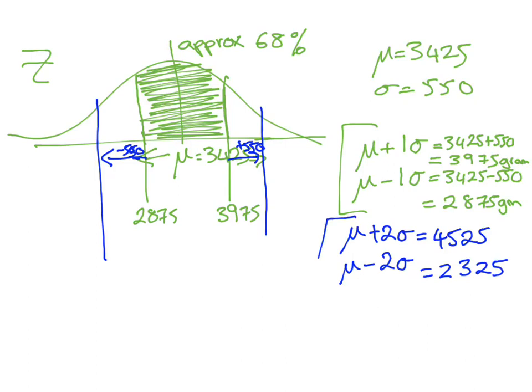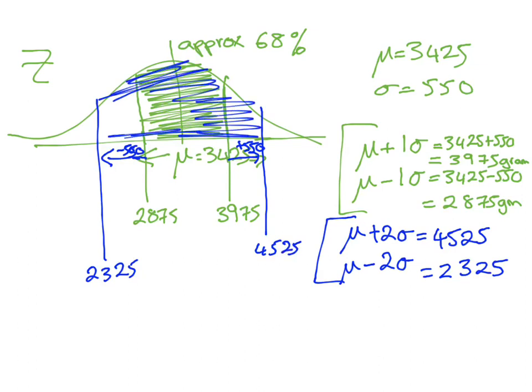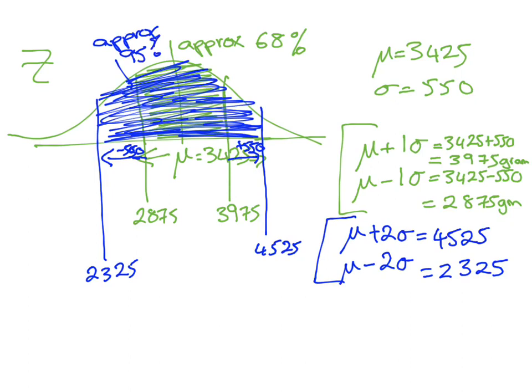Okay, so now if I go plus or minus that, so I've gone down, that takes me down to 2,325 and 4,525. So this area that I've now worked out, this space here, I'm going mean plus or minus 2 standard deviations, all of that. Okay, that whole area is approximately 95%.